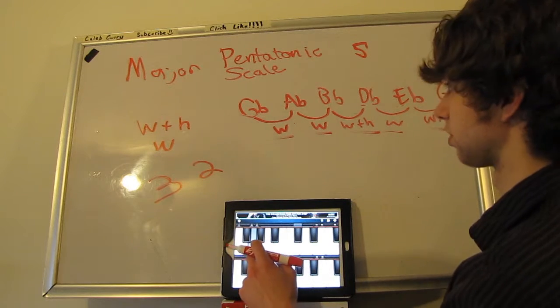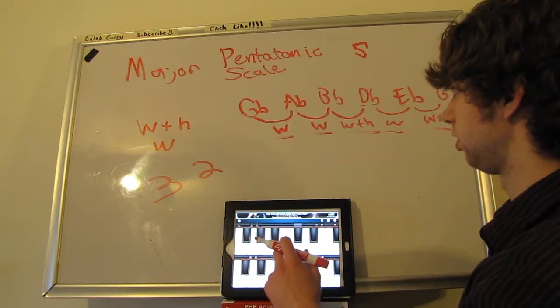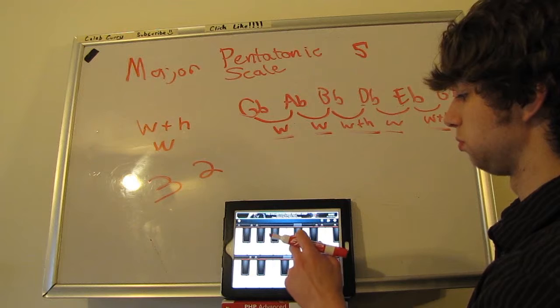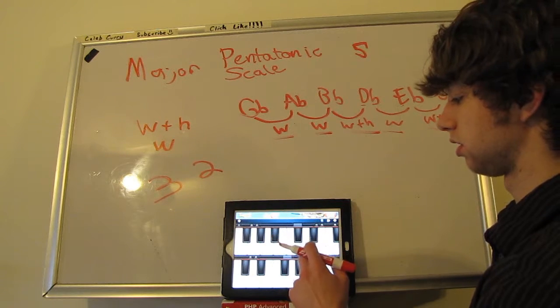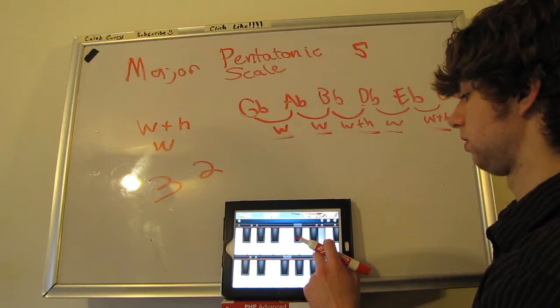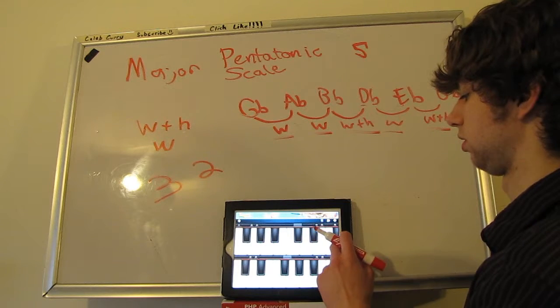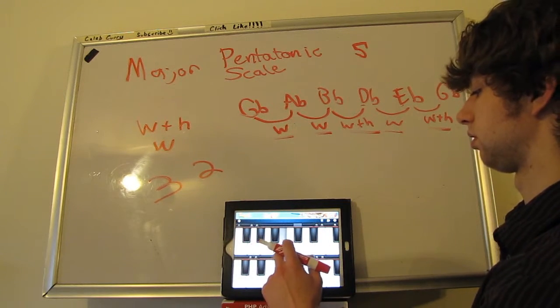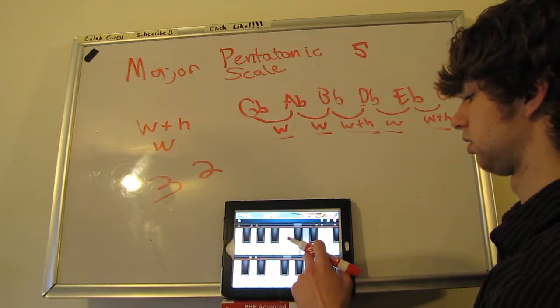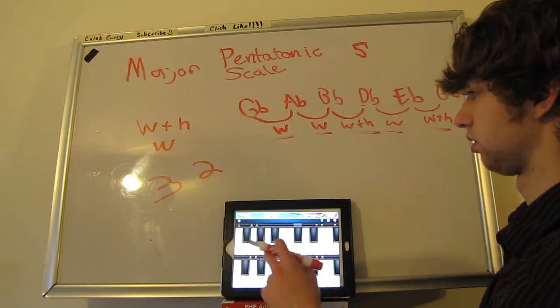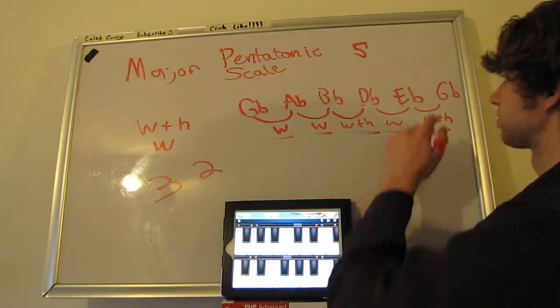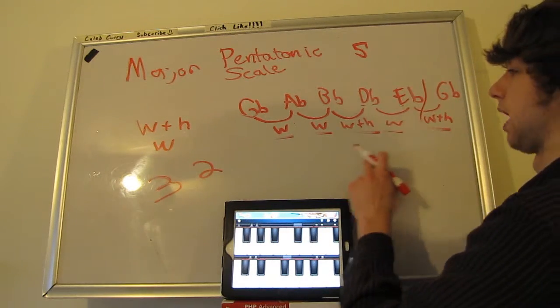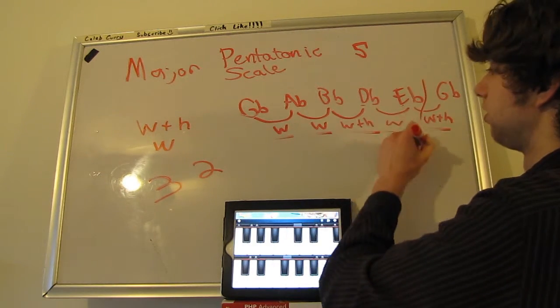So we're starting on G, whole, whole, whole plus a half is 3, so then a whole, and then whole plus half, which we can't go that far. So basically I stop it at this one right here, and then just go back down this direction.